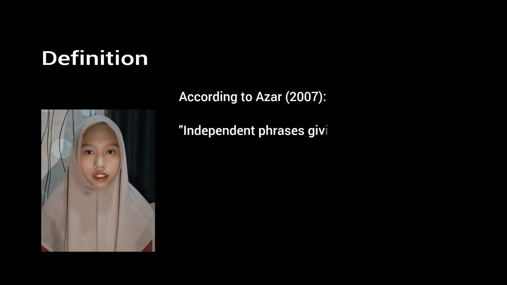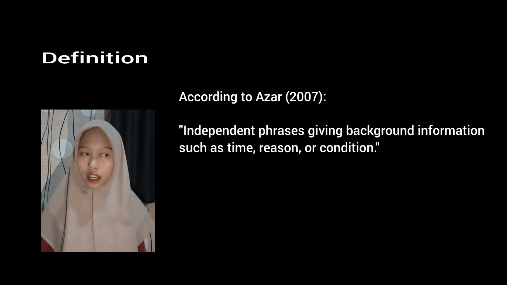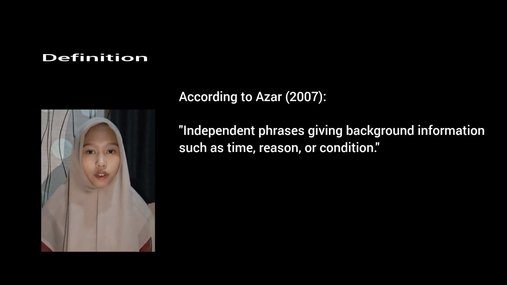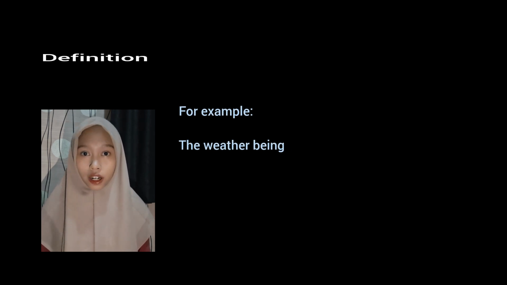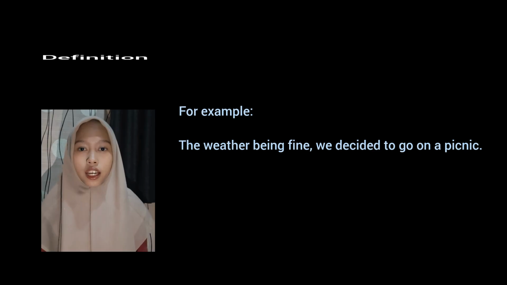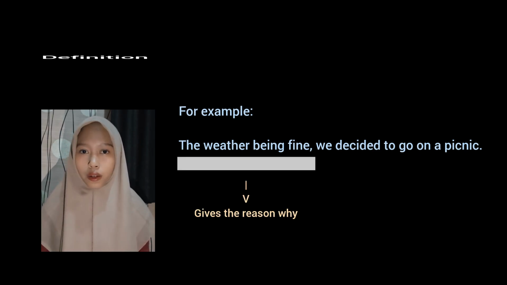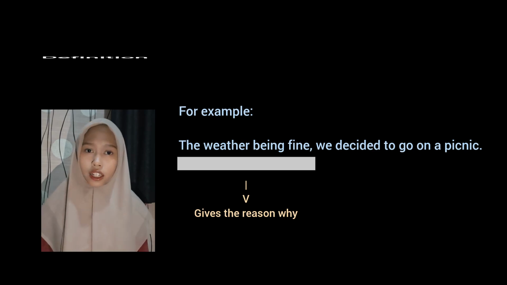As I explained, absolute constructions are independent phrases that give information about time, reason, or condition. For example, "The weather being fine, we decided to go on a picnic." Here, "the weather being fine" gives the reason why we went on the picnic.